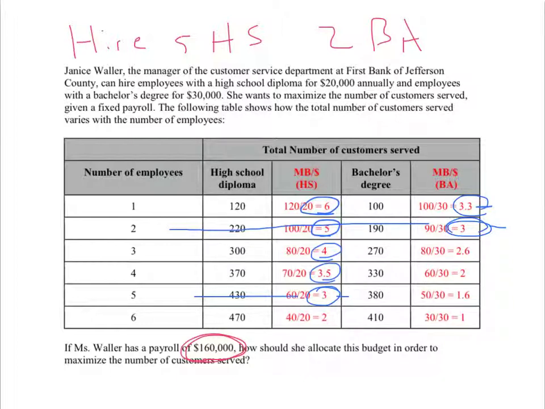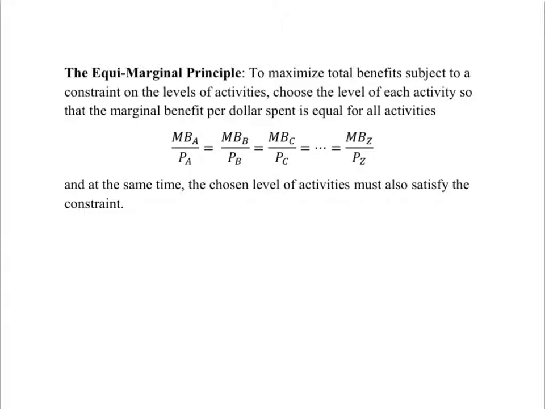We've already seen the profit maximization rule. Well, here's what I call the equimarginal principle. This applies to those constrained optimization problems where there's more than one decision variable and there's a constraint, a budget, a limit imposed on the decision maker.